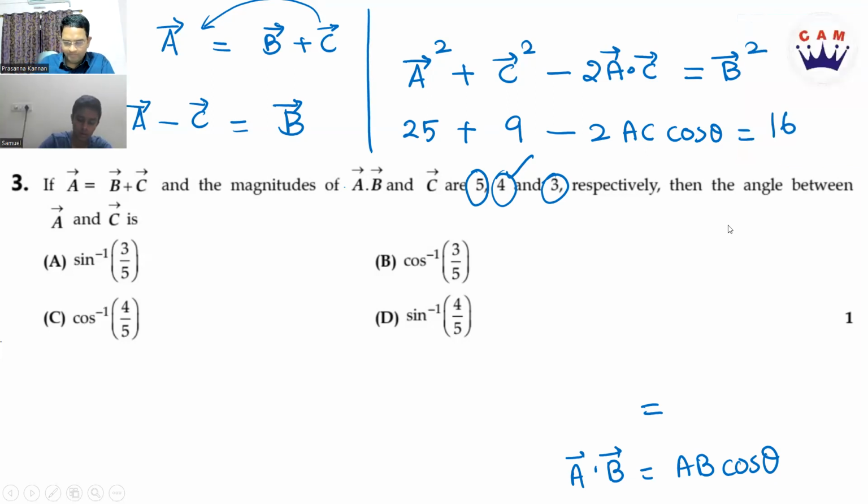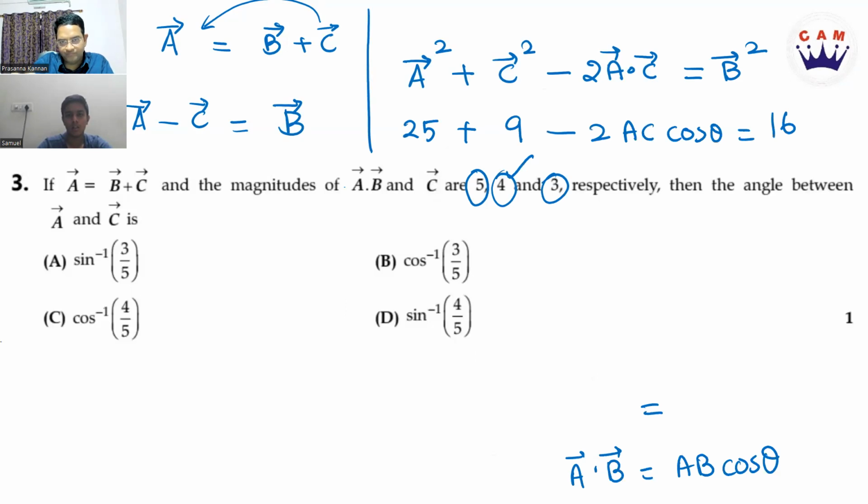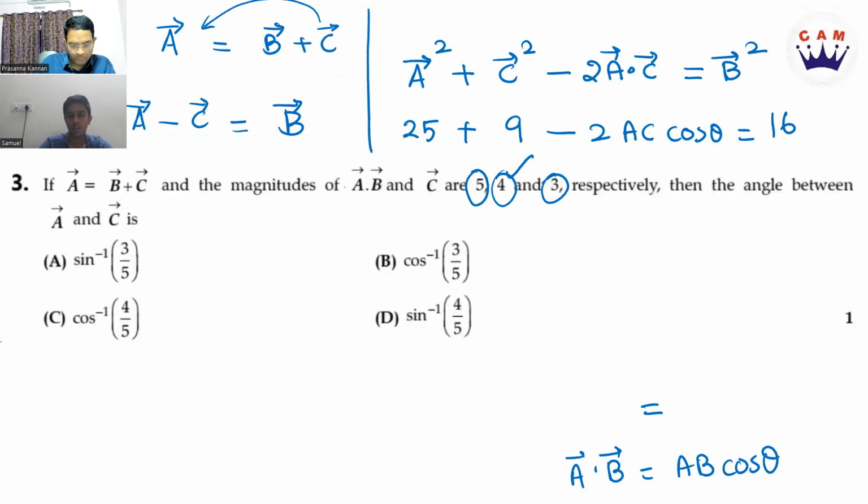Is it clear now? Yes, sir. So 25 and 16, if you cancel, you get 9. 9 plus 9, 18. 18 minus 2 into AC, right? What is A? A is 5. What is C? C is 3.